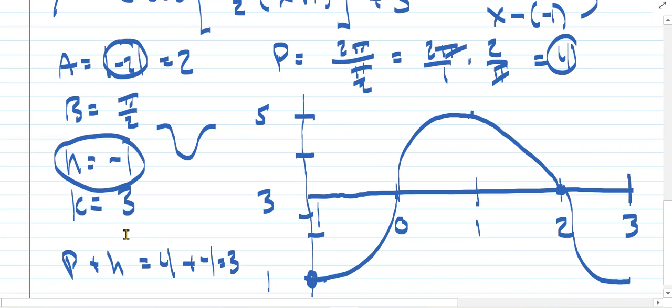And then what about our period? Our period was 4, but we had to subtract 1 because of the horizontal shift. So it ended at 3. So then that would be, yes, so from 2, 1, 0, -1.